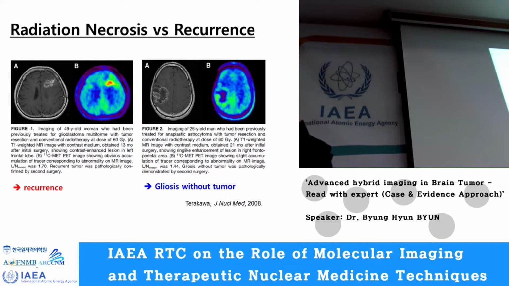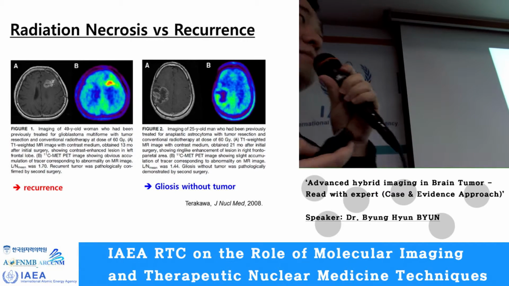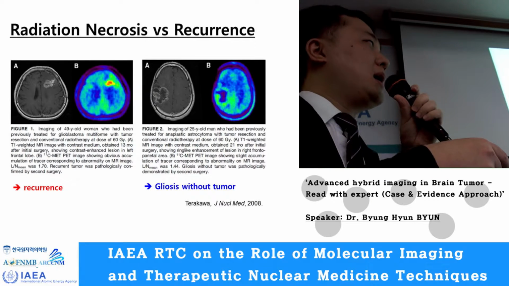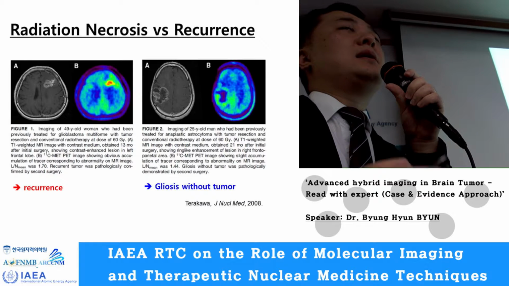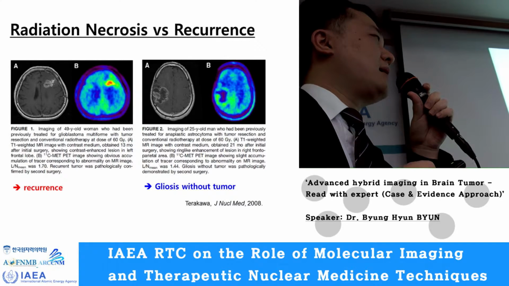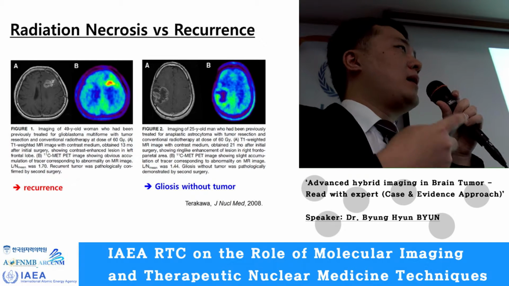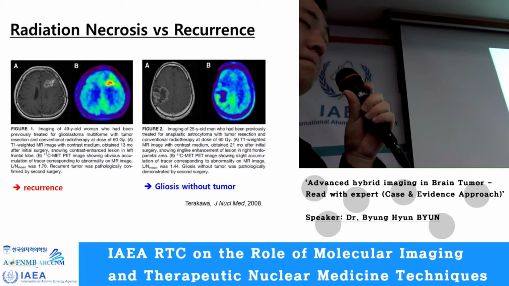So quantitative analysis as well as visual analysis is needed to differentiate tumor recurrence and radiation necrosis on the methionine PET or other PET.